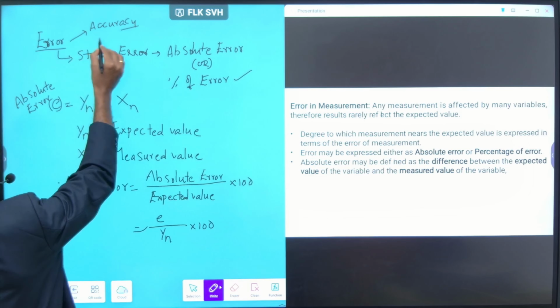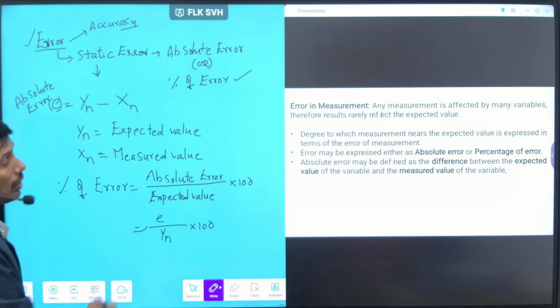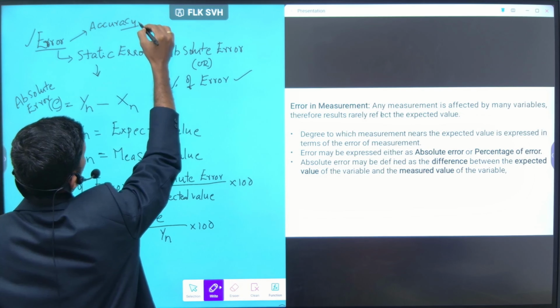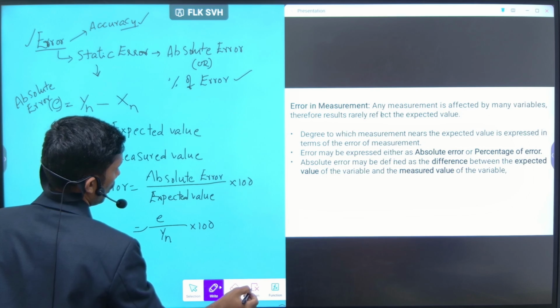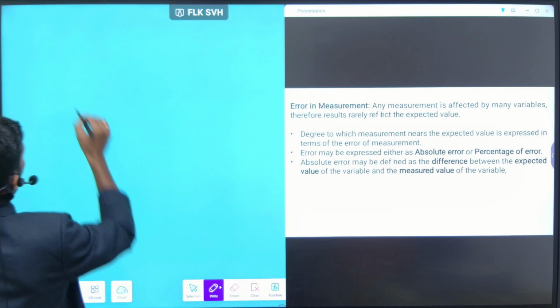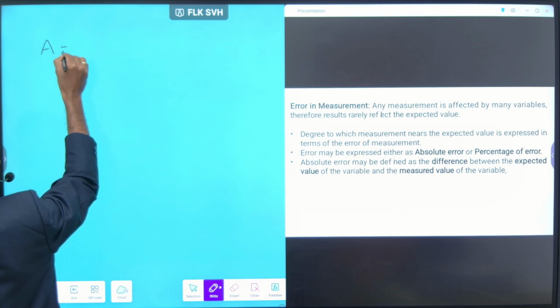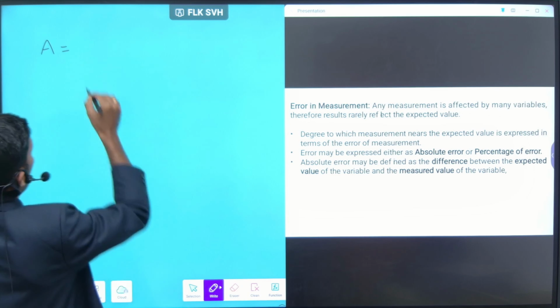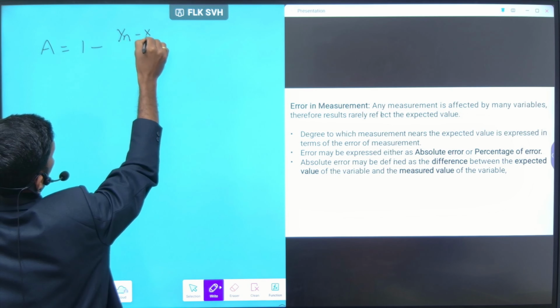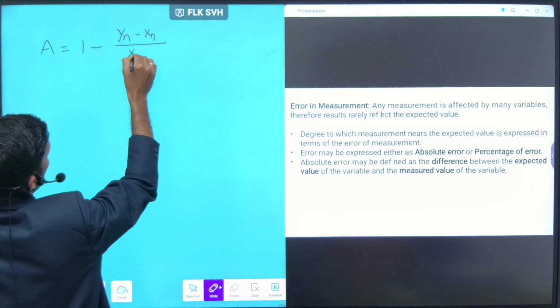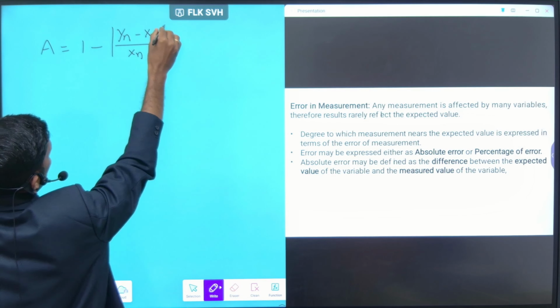Once we calculate the error, by using this error value we can calculate the accuracy value. How can we calculate the accuracy value? Capital A equals 1 minus error, that is, 1 minus (yn minus xn) by yn.